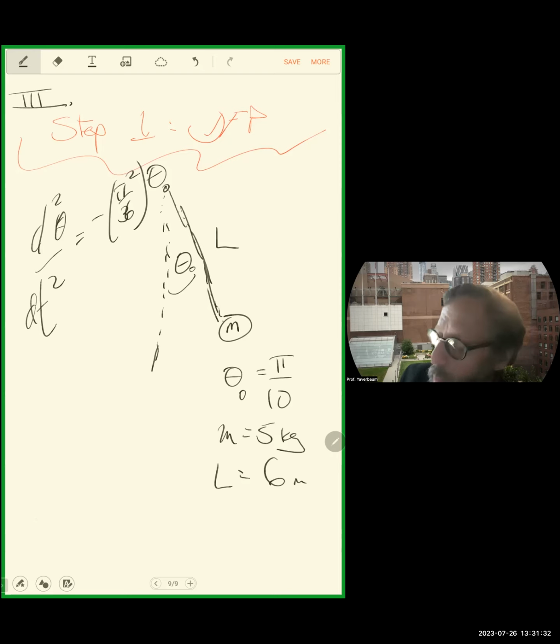part one, where it asks for a free body diagram, I'm going to go to the next page.